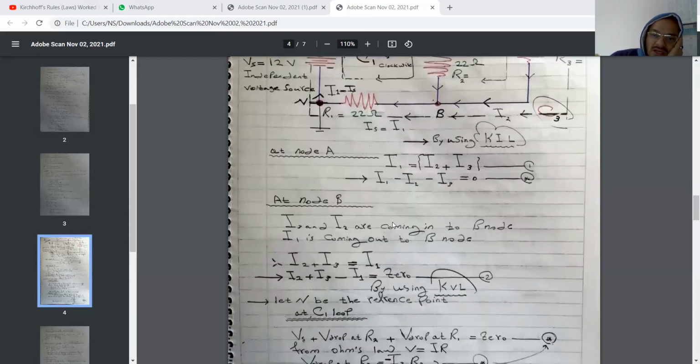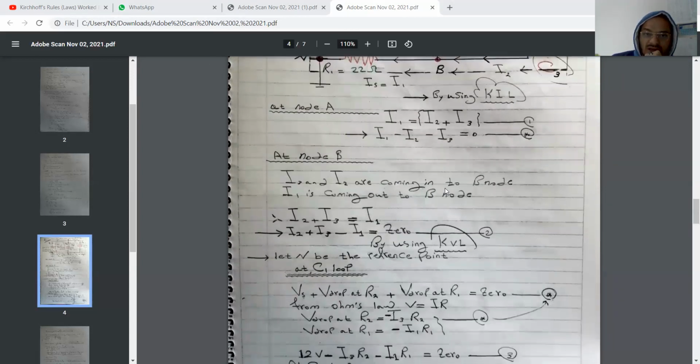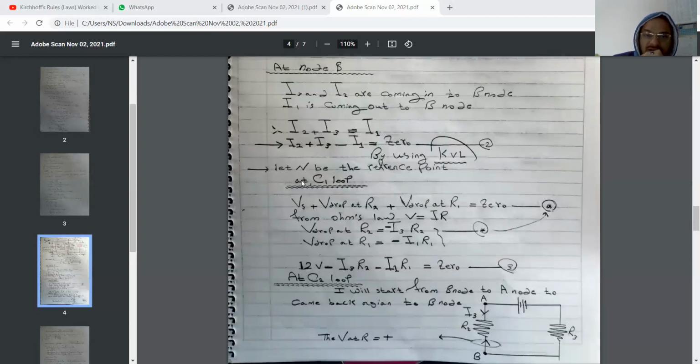Now I write the Kirchhoff current law here, and after that go directly to the Kirchhoff voltage law. Here at the C1 loop, VS plus the V drop at R2, that means minus, plus the V drop at R3, that means minus, equals 0.